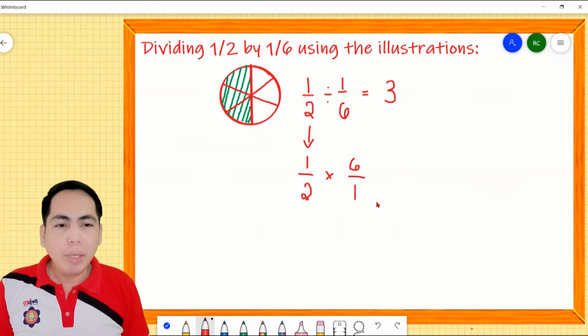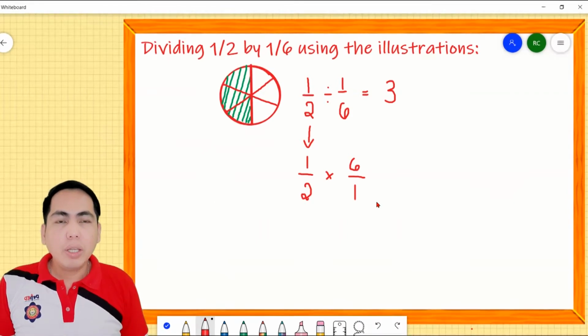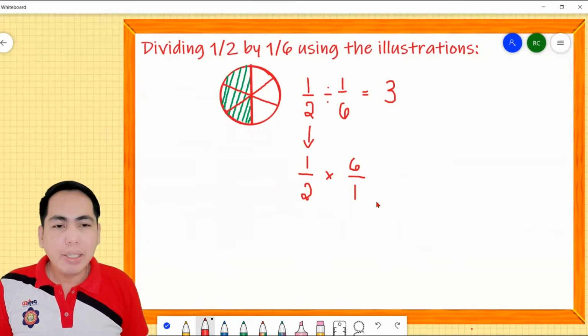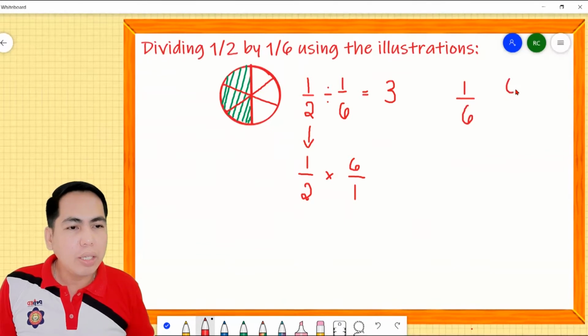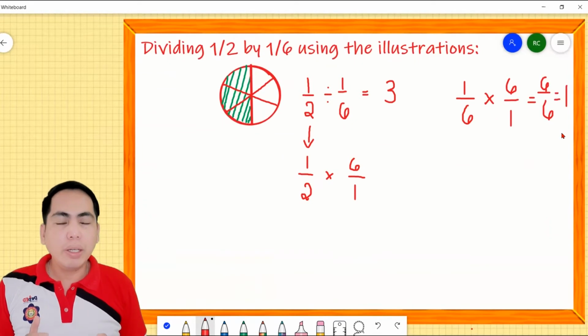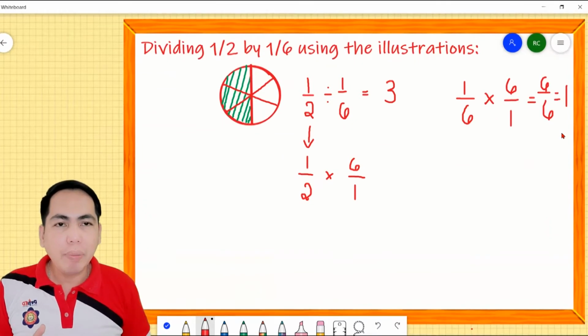Now, what do we mean by the reciprocal? The product of a number and its reciprocal will give us 1. That's why the reciprocal of 1/6 is equal to 6 over 1, because when we multiply them it will give us 1. So, the product of a number and its reciprocal is 1.